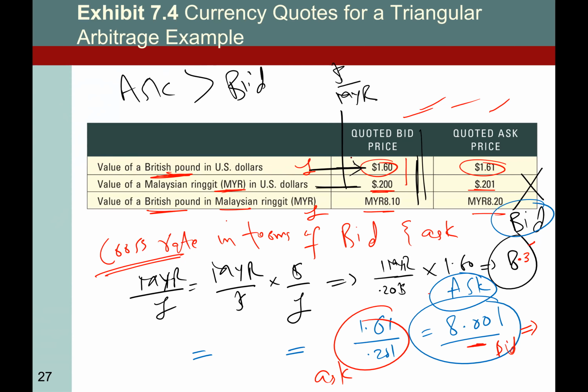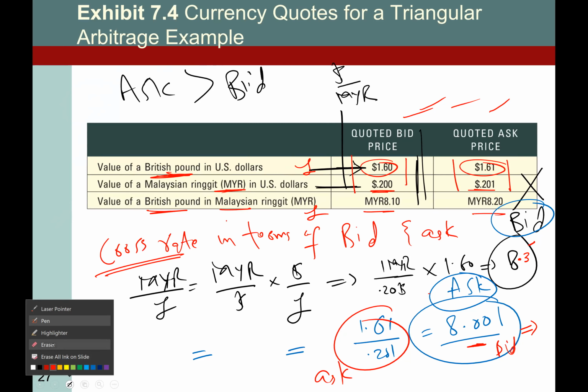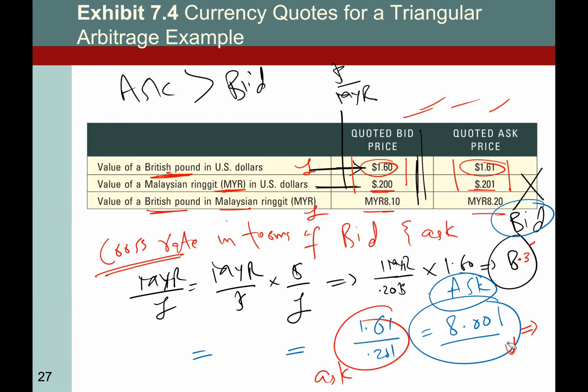You need to divide bid prices with the bid prices, ask prices with the ask prices. But if the result is lower, then the lower number would always be replaced with bid. Everyone understand that? Here, you got lucky that it revealed a lower number, so we don't have to mess around here. You got my point?